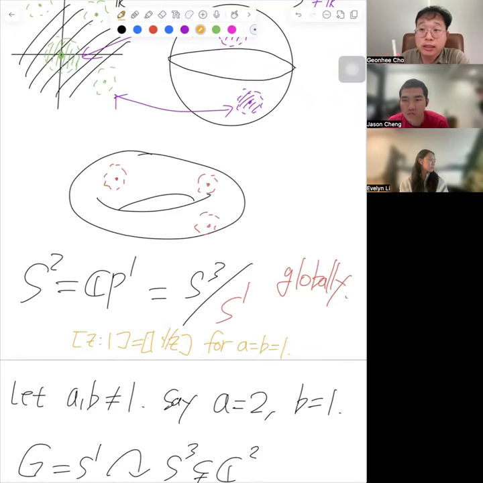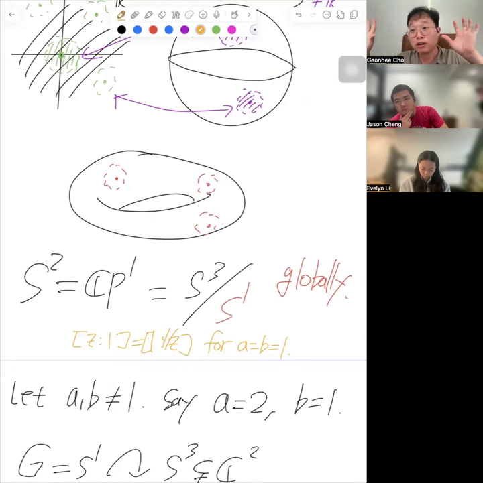But if you take the form of z1 versus z2 with a different exponent, that's not allowed. Meaning that you cannot change from the south pole to the north pole in general. So even though we are taking the quotient, you cannot reflect that effect on the south pole and north pole at the same time. You need to treat them separately. So that's what we call the local quotient, not the global quotient.